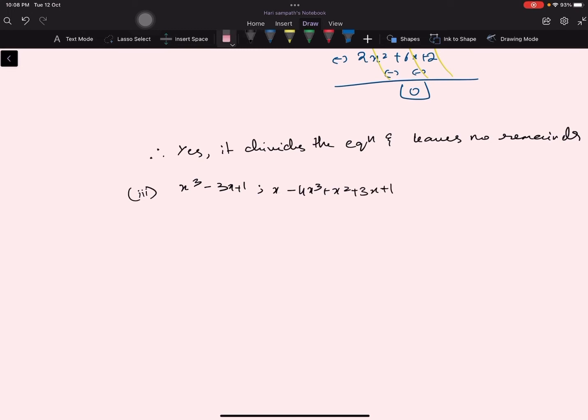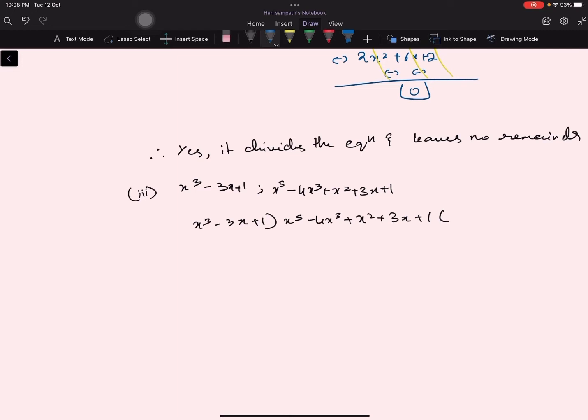And now we are going to be writing it in this way. X raised to the power of 5 minus 4x cube plus x square plus 3x plus 1.